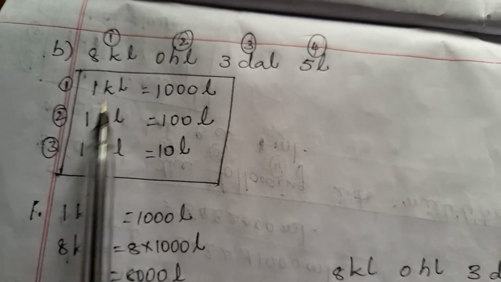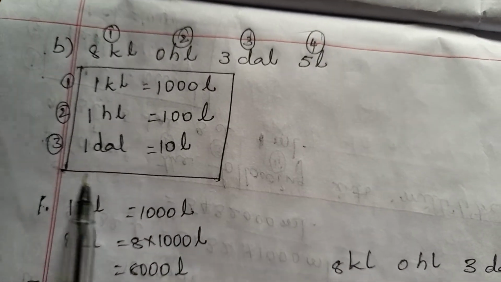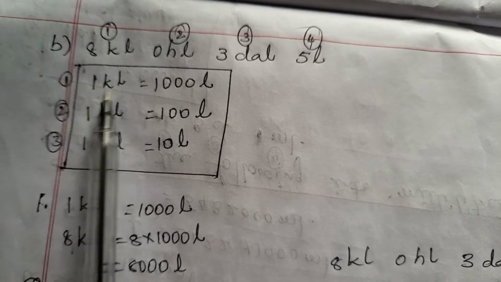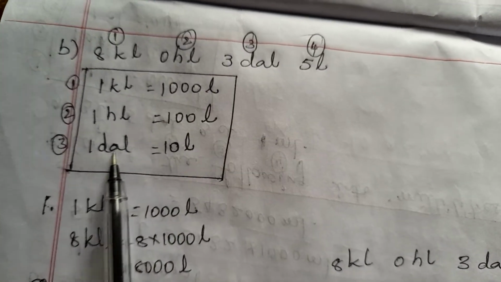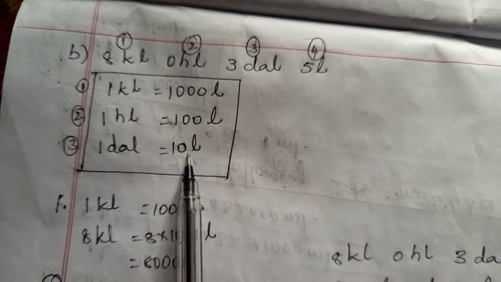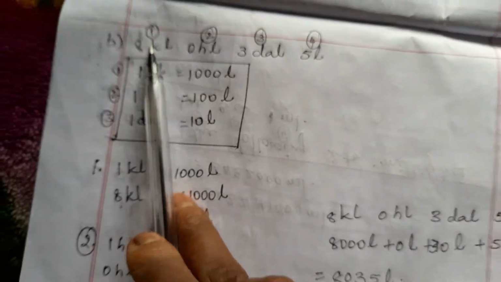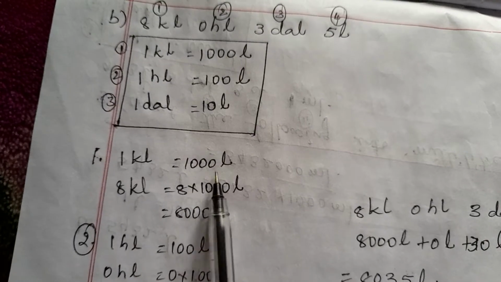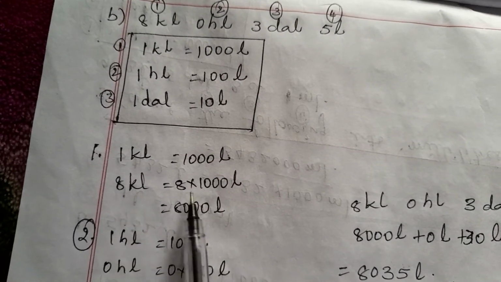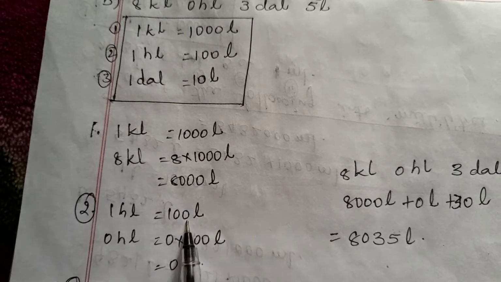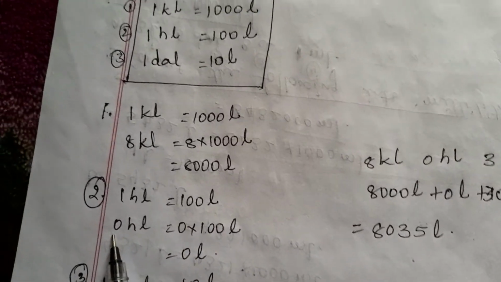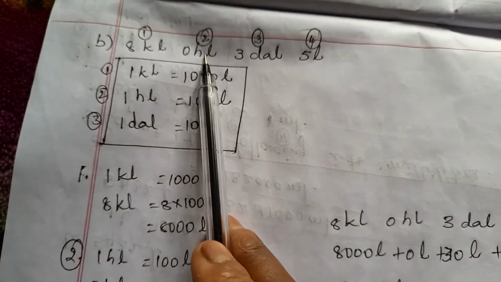In the same way, we have to put the relation between KL and L, HL and L, DAL and L. Now again stepwise, first one, 1 KL equal to 1000 liter. So 8 KL equal to 8000 liter. Now 1 HL equal to 100 L. So we have 0 here.